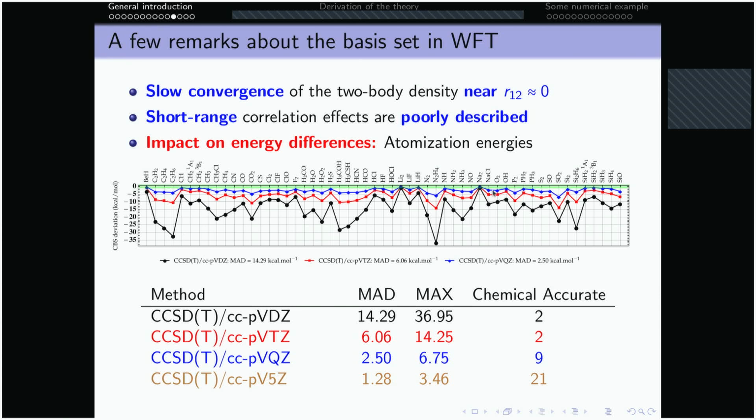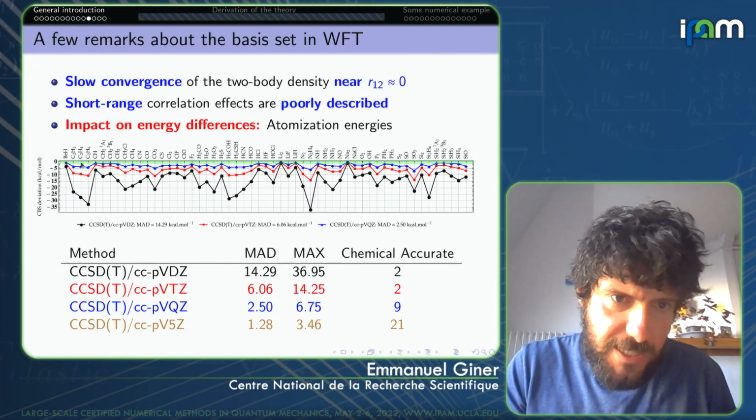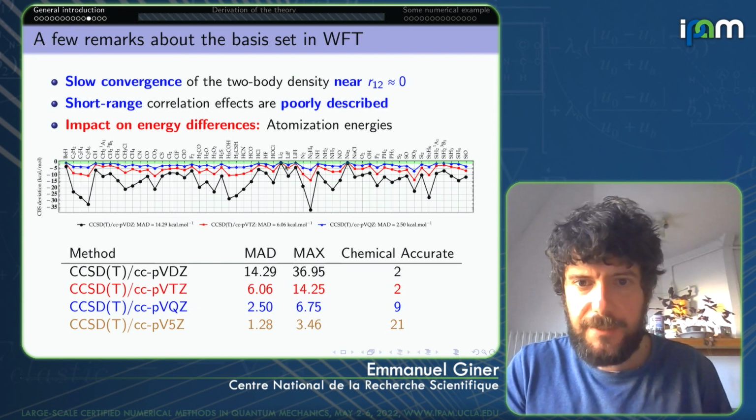These are the errors that you see with respect to the complete basis set limit: the mean absolute deviation, the maximum deviation, and the number of chemically accurate energy differences. What we call in chemistry the chemical accuracy is typically 1 kcal per mole, which is typically 1.4 milliatomic units. And this chemical accuracy region is this thin green line here.